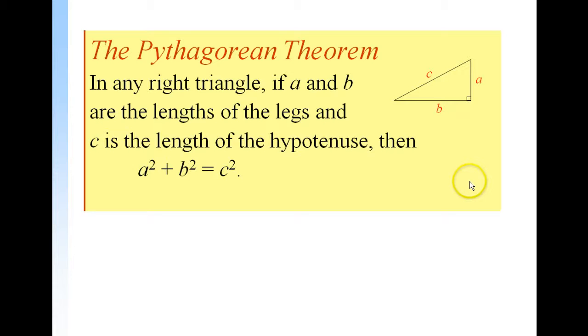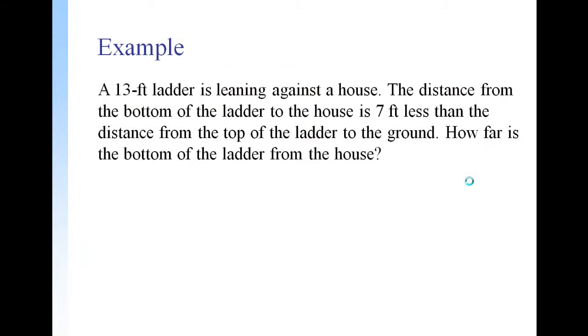But then they want us to do some work with it. So here we have a ladder. I could just use the slides, but I like to work it too. So we're going to have a house, side of a house here. And we're going to have a 13-foot ladder leaning against that house there.